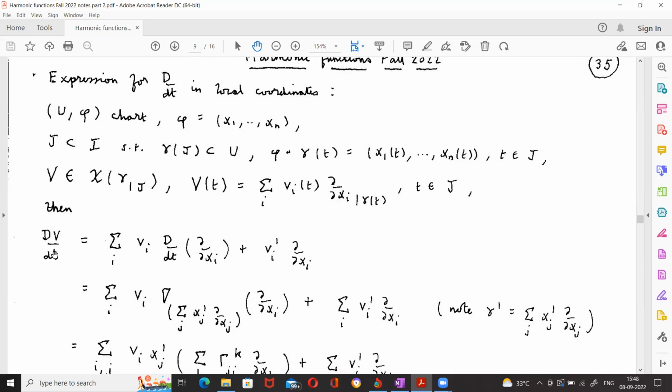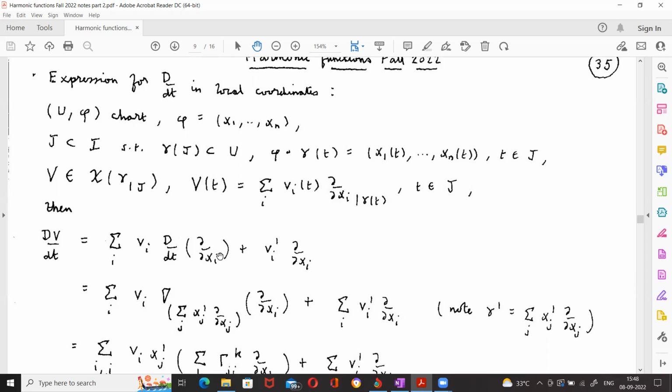So DV/dt, by linearity and the Leibniz rule, is the summation over i of Vi times D/dt of ∂/∂xi plus Vi prime times ∂/∂xi, right? This is the Leibniz rule for the covariant derivative along gamma.